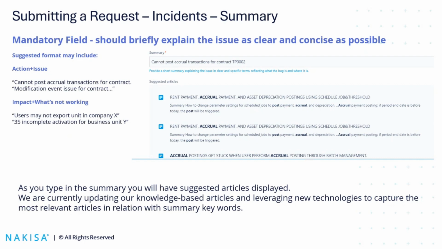We have relevant articles, but it also allows us to redirect to the proper team, to the proper resources you need. So you don't have to think about it too much. You already know whether it's an access problem, a failing transaction, an error type, and so on. But it's very important that this summary is concise and clear.